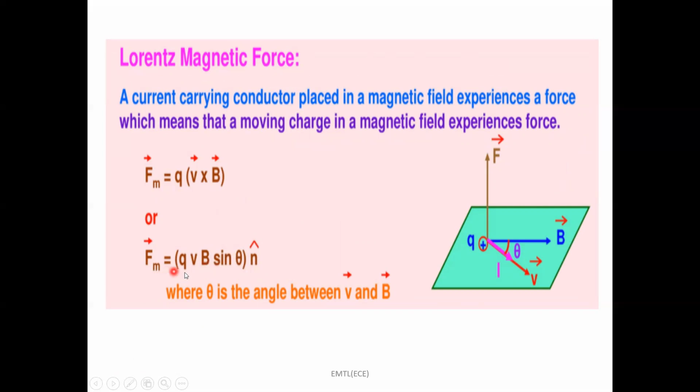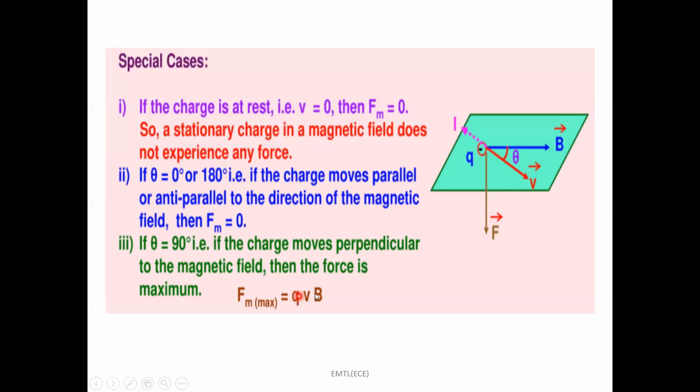So Fm is equal to QVB, which means this force is maximum. This is the maximum force exerted by the moving particle when the velocity and magnetic field are perpendicular. So these are the special cases we discuss for the Lorentz magnetic force.